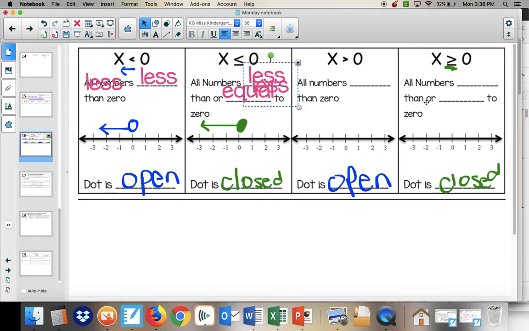So now we have our last two. Instead of it being less than, it is greater than. And then the last one is greater than or equal to.